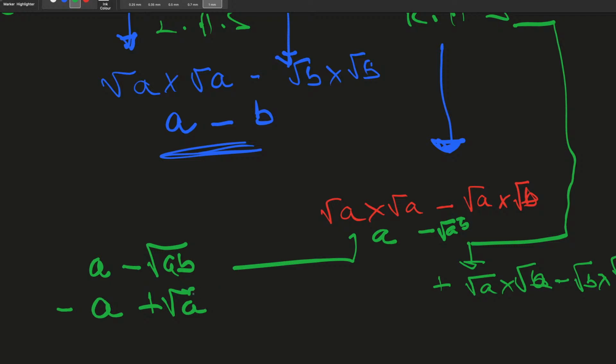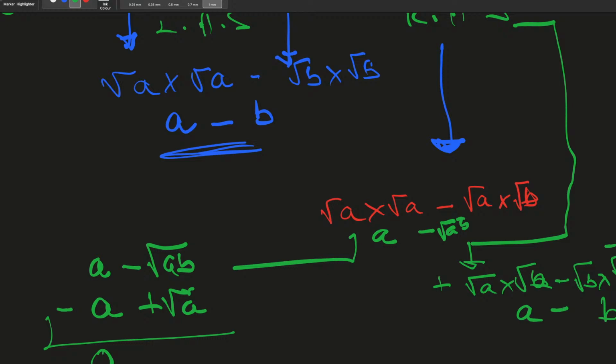Okay, now when we add this together, this a minus a will be 0. And you know, this minus root ab plus root ab will be 0. Okay, and this will be b. So this will be b, this will be a. So eventually, our left hand side is equal to right hand side.